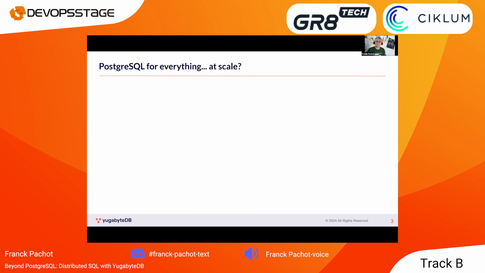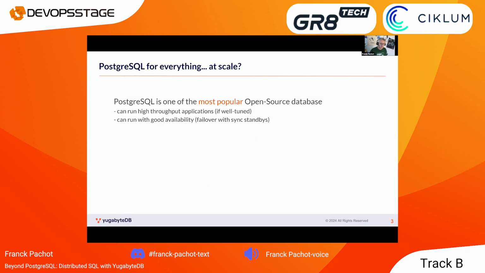Postgres. You can run many things on Postgres. It's one of the most popular open source databases today. And people tend to say that you can use Postgres for everything. It's popular, it's open source. It works well. You can run with high throughput if it's well tuned, probably not the default configuration, but you can run it if you have the DBA and Postgres expert with a high level of transaction throughput.